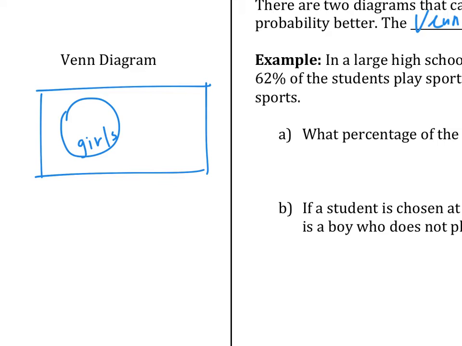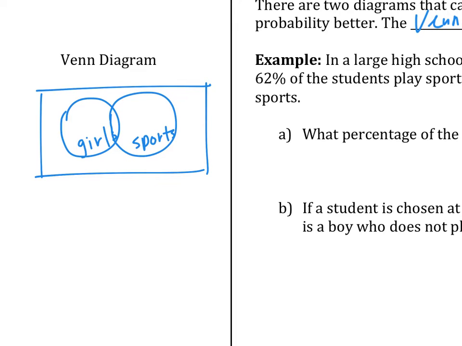Now you may want to draw another one and just write boys, but you actually don't want to do that. You want to just draw a circle to represent what information they give you. So sports. And it actually wouldn't make any sense if you draw another circle that represents boys, because if the student is not a girl, it's a boy, so you don't actually want to draw another circle.